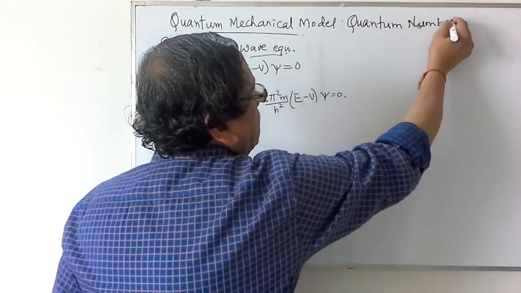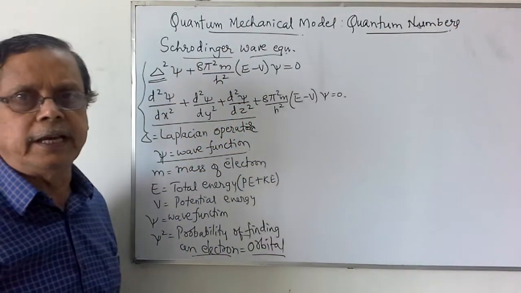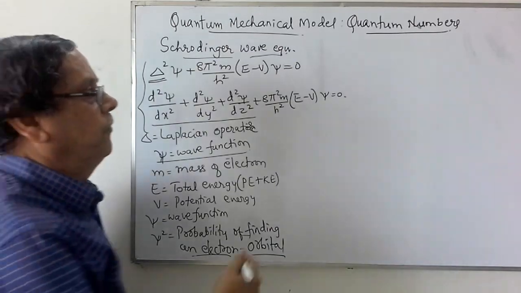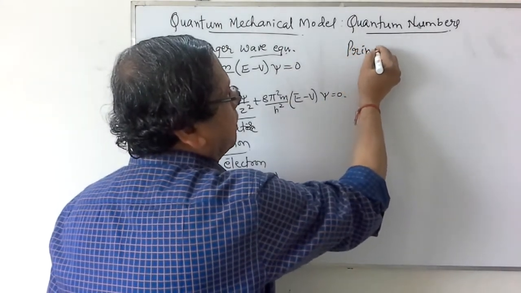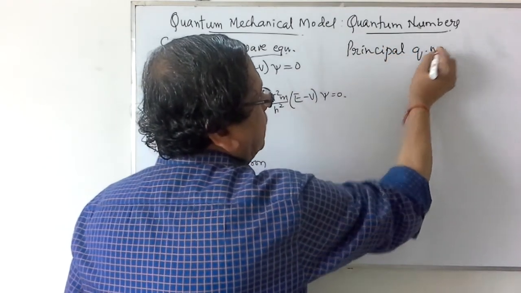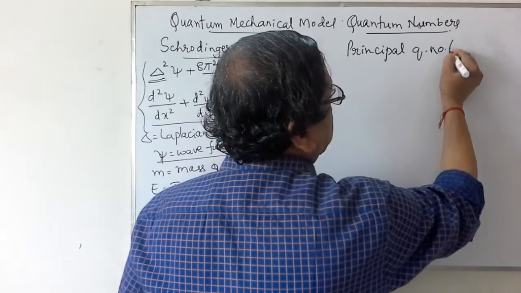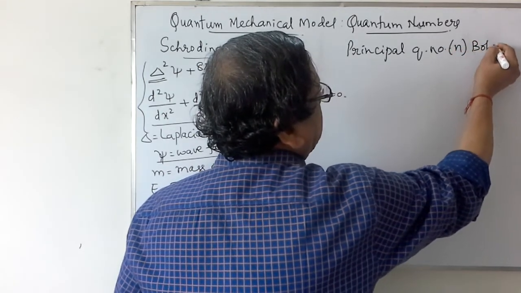There are 4 quantum numbers that we consider in total to define the probability of an electron. The first quantum number is the principal quantum number, which is considered the prime energy level as in the Bohr's model.